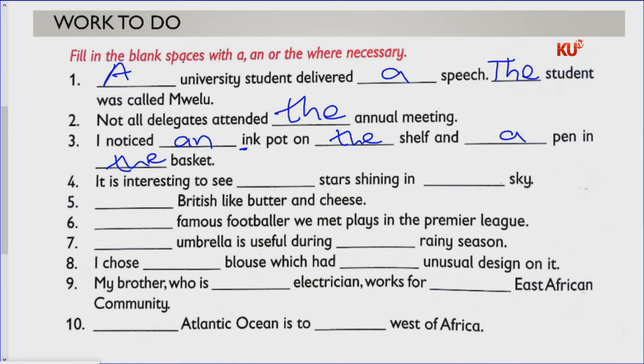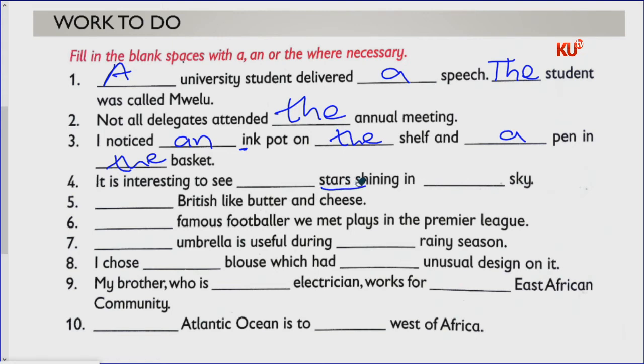It is interesting to see dash stars shining in dash sky. It is interesting to see the stars. Why? Because stars are things that do not have any other thing that exists like them.